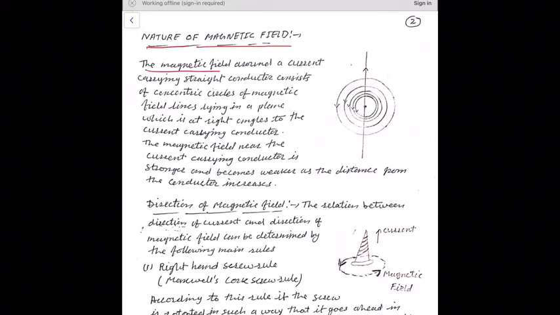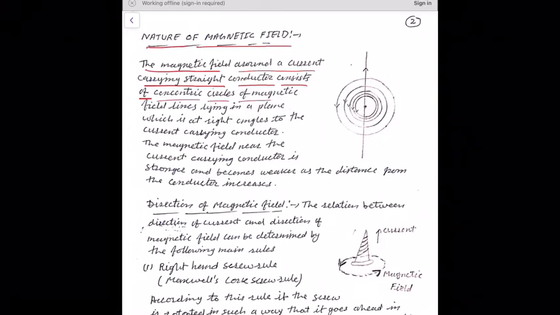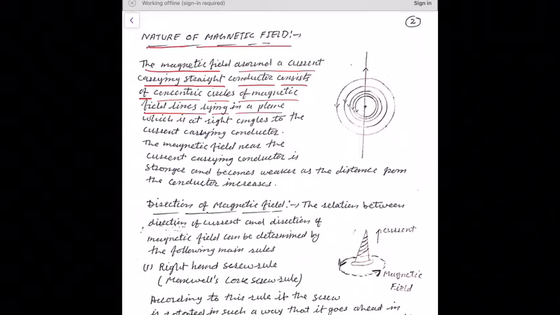The magnetic field around a current carrying straight conductor consists of concentric circles of magnetic field lines lying in a plane which is at right angles to the current carrying conductor.